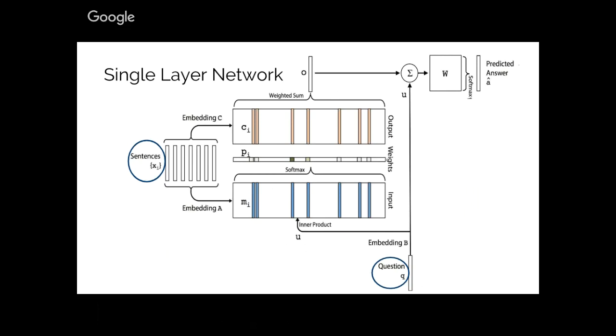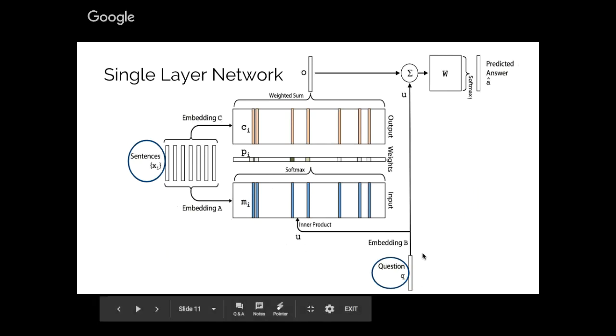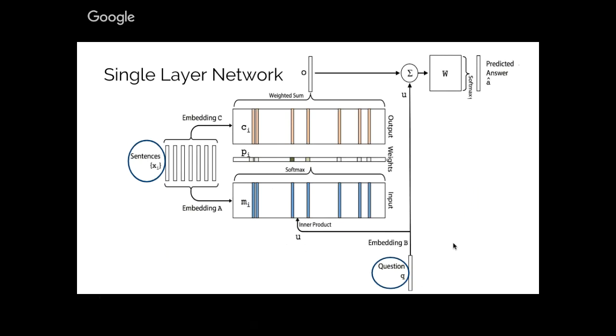Actually, all three of the embeddings are different. There's embedding A, B, and C, and they're all trained. If you look at the paper that was just posted, at the diagram on page 2, there's a paragraph right before it that states what I just posted in Slack. So it's basically retraining embeddings of the words, from what I understand, to minimize the cross entropy, minimize loss on being able to answer questions.